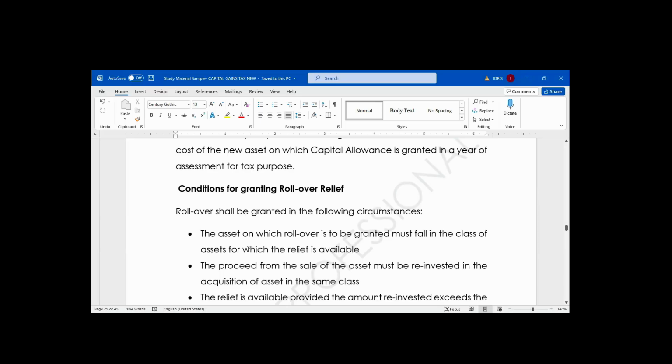Number 1 condition is the asset on which rollover relief is to be granted must fall in the class of assets for which rollover relief is available. What does this number 1 mean? Who can explain it better? It must fall within the categories of the asset from class 1 to 5.